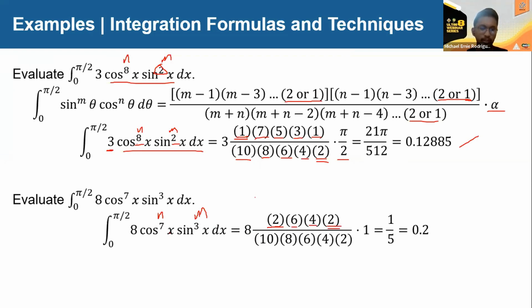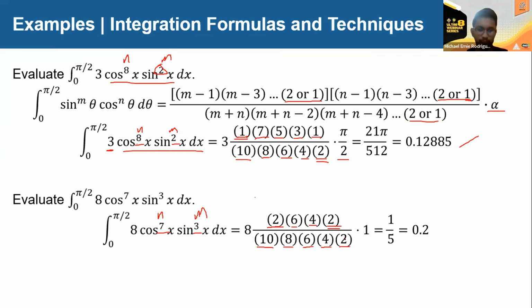All over, okay, 7 plus 3 is 10. So we have 10. And then 10 minus 2 is 8. 10 minus 4 is 6. 10 minus 6 is 4. 10 minus 8 is 2. Okay, we stop at 2. Times the alpha. Okay, dito, parehas odd number yung M and N. Okay, so we use 1 as our value for alpha.